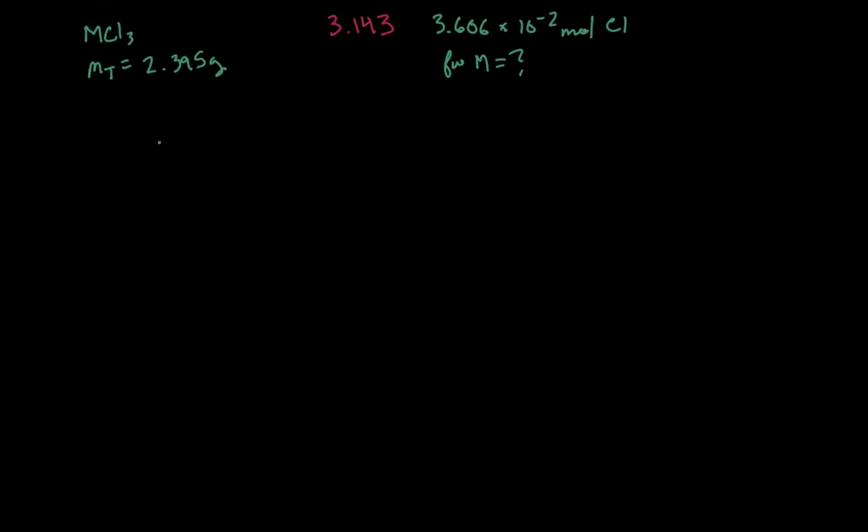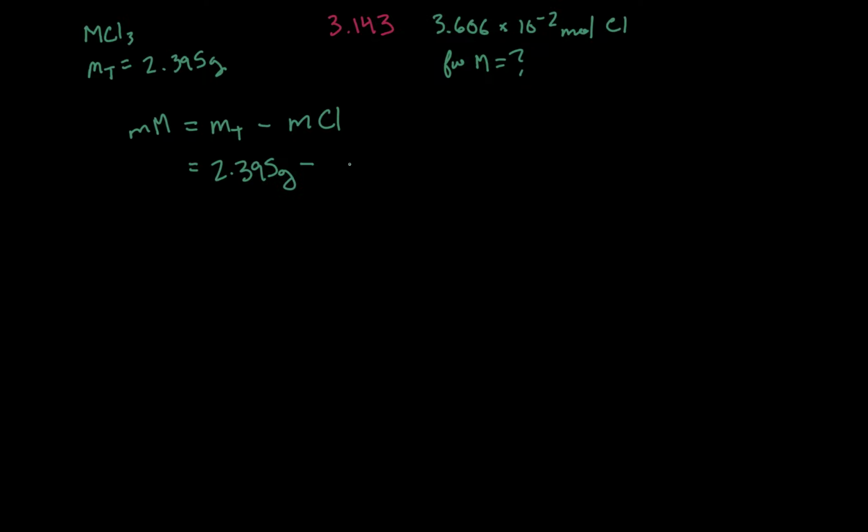All right, so step 1, mass contributed by M. So this is going to be the difference between the total mass and the mass of these chloride ions, whatever that contributes, right? So from 2.395 grams, we are going to subtract this thing in grams.